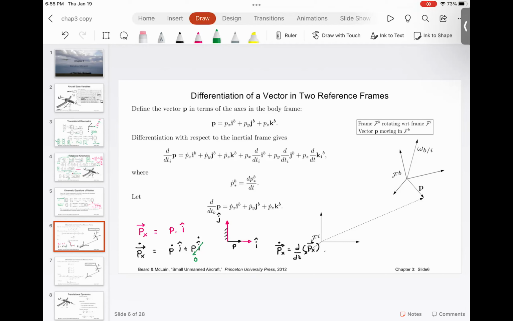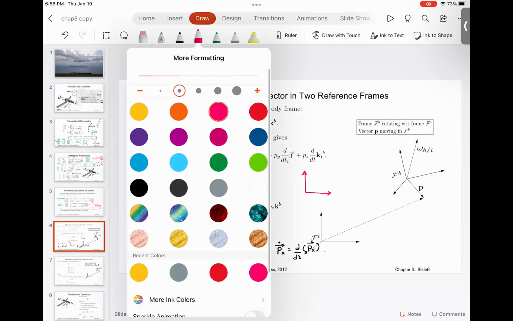Now here comes the tricky part. Imagine, this is very important, I have the same vector, and I have something like this.